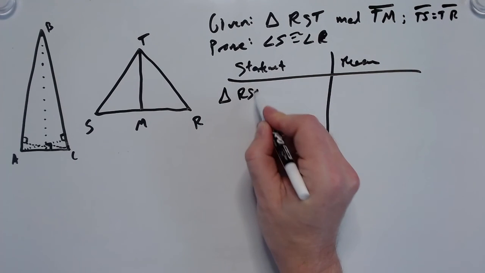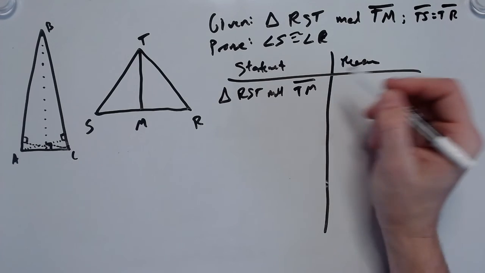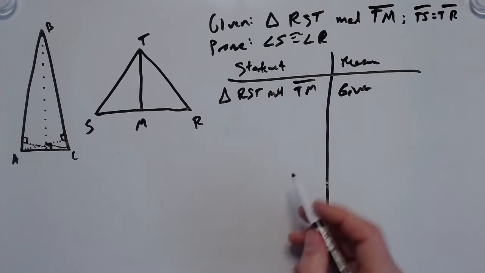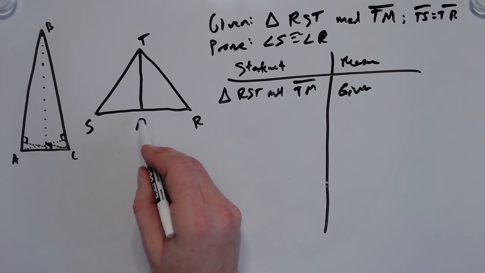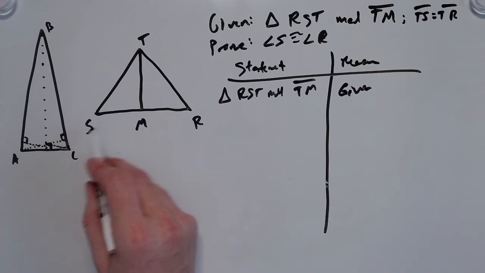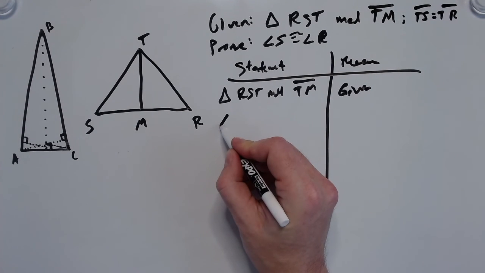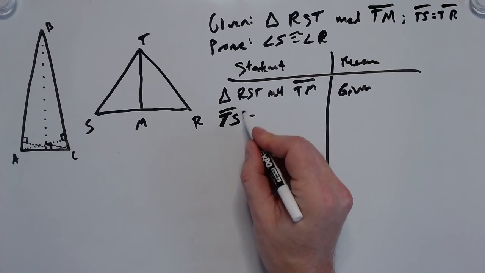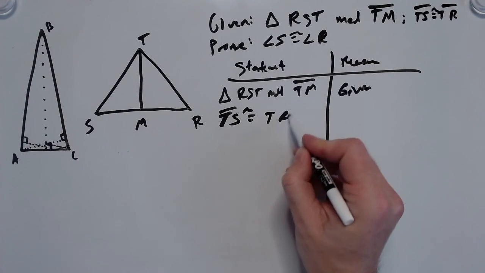Okay, first thing we do, let's write down our givens. Triangle RST has the median of TM. That's given. But what does that really mean? It means that TM is a median, so it cuts this thing in half. It bisects. It's finding the middle of SR. Let's write the rest of our given first, that TS is congruent to TR.